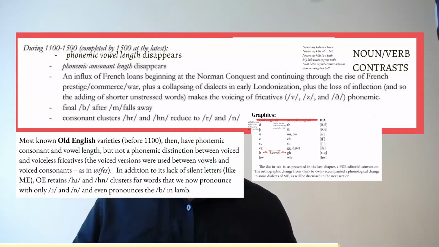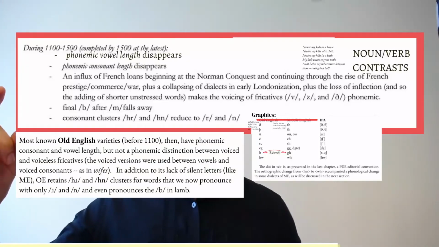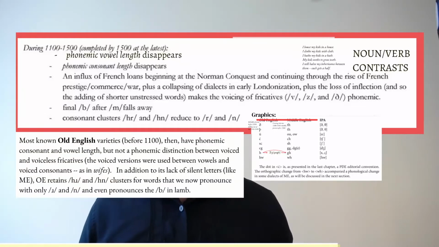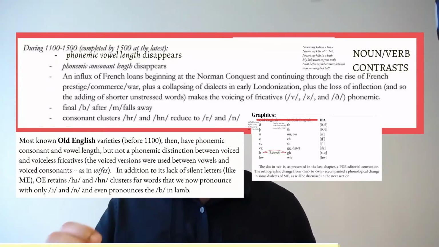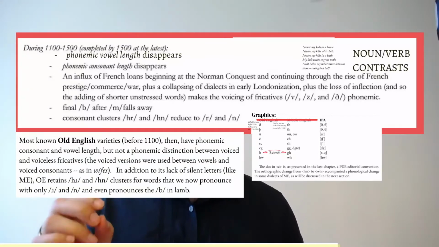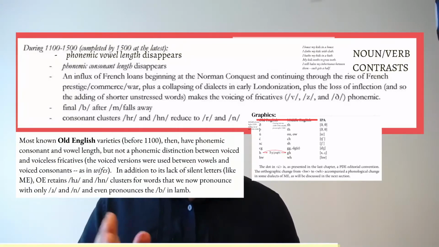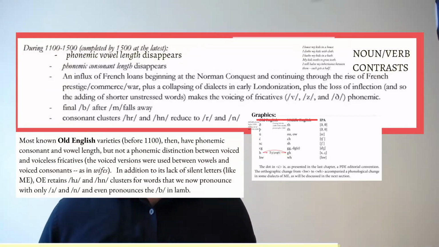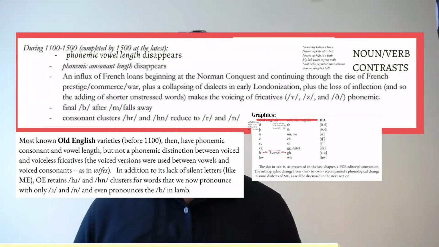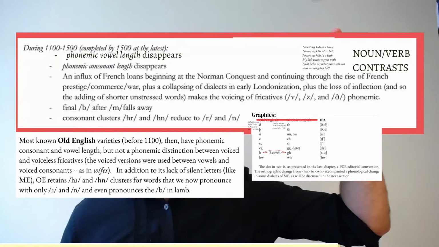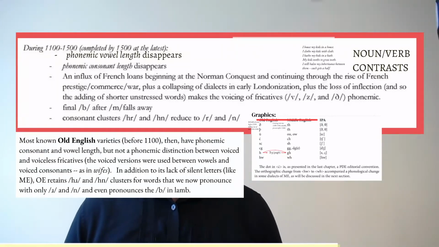That is, the ability of English speakers that develops across the Middle English period to use the difference between v and f, z and s, and voiced and voiceless th, the voiced and voiceless pairs of those fricatives, to make those phonemic, to allow us to establish the difference between house (noun) and house (verb), between teeth and teethe. Often that distinction is used for noun-verb contrasts.